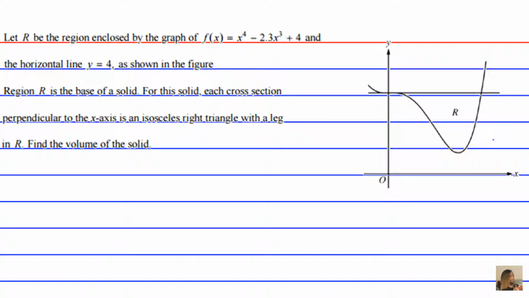All right, so basically, in order to find the volume of a solid that is perpendicular to the x-axis but has extensions of right isosceles triangles, I'll show you what that looks like.